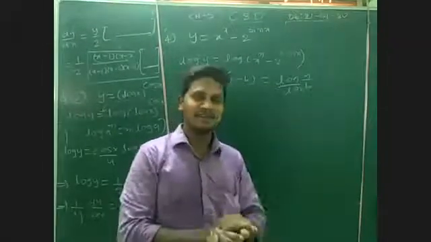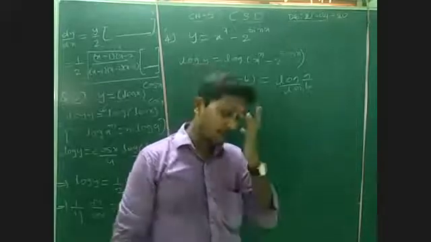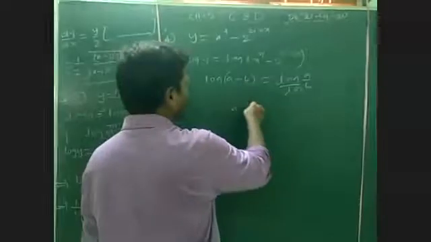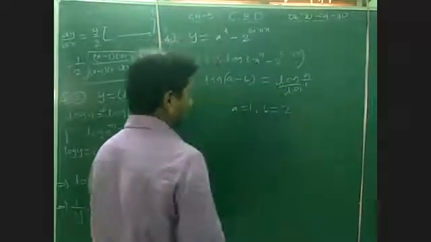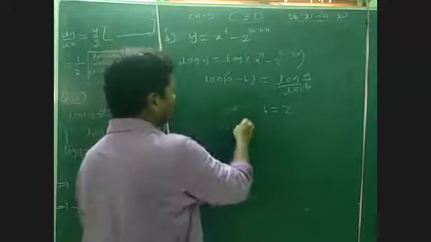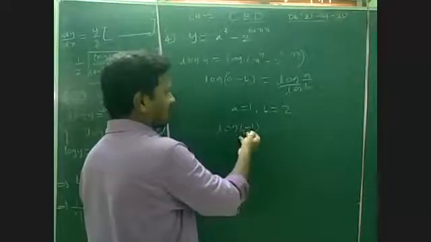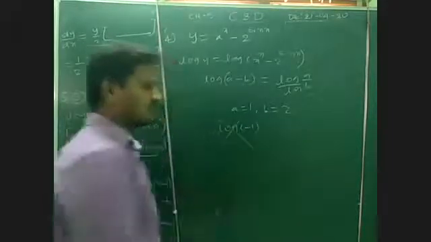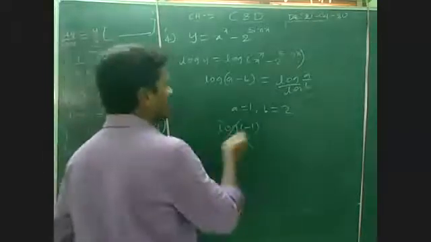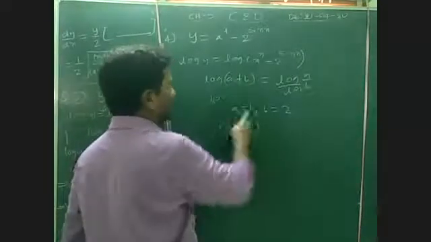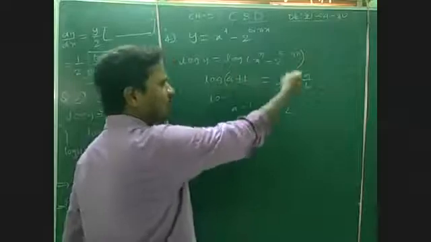So here there is no formula, because see here, for log of a minus b, take some positive values: a is equal to 1, b is equal to 2. Substituting here we get log of minus 1. Log of a negative value, the function cannot be defined. So no formula. If it is a plus b, 1 plus 2 is 3, you will always get positive.